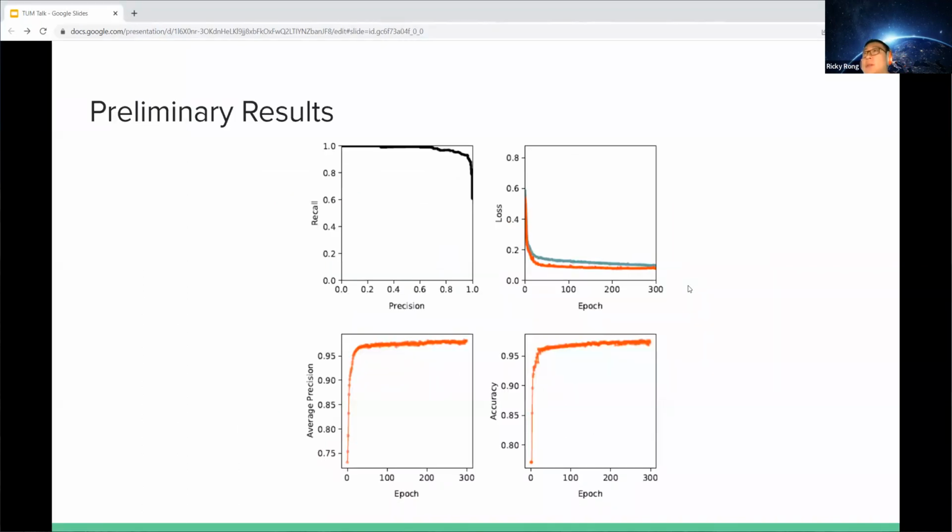So a bit about what we did. This is using the ExoNet model and the preliminary data from Dr. Anstel's working group. We actually were able to replicate this, getting around their claimed 98% average precision and 97.5% accuracy.